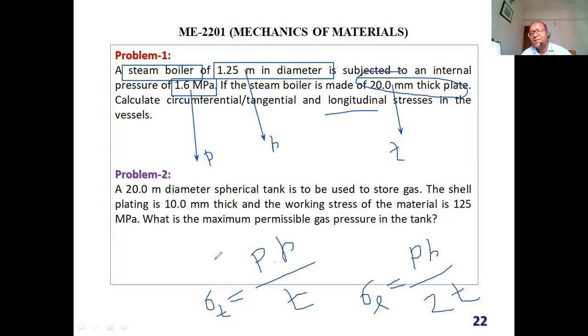Sir, thin wall pressure vessel, right? Yes, sir, but thin wall. But what is the proof that this is a thin wall pressure vessel? So that is the mistake I made. Okay, thank you. Your ID 111.